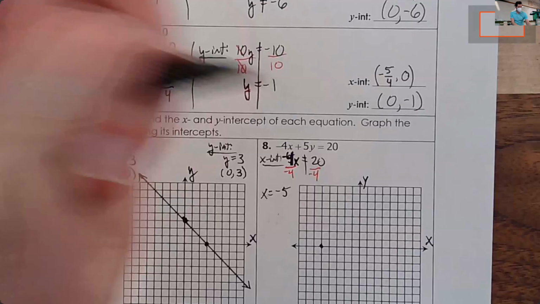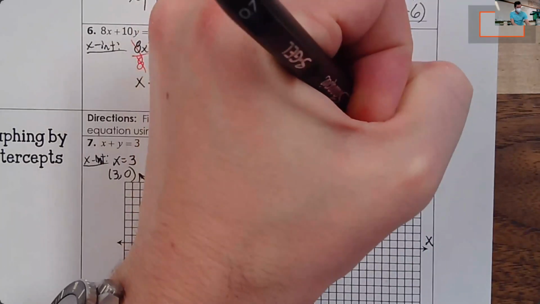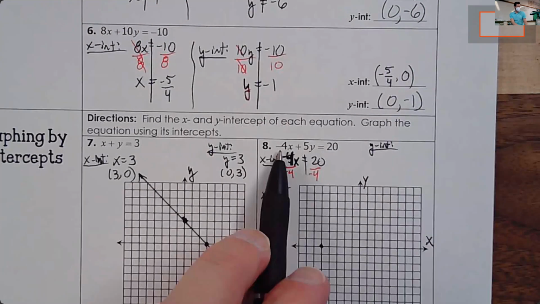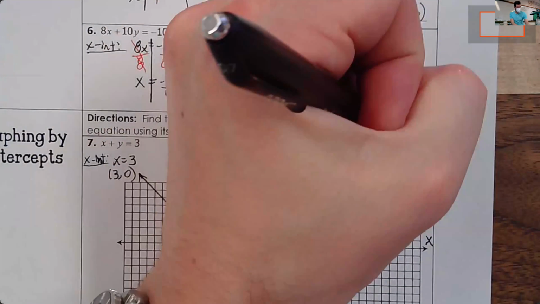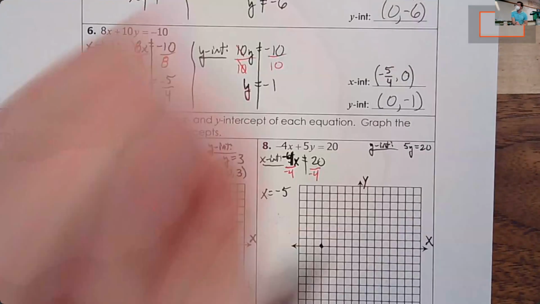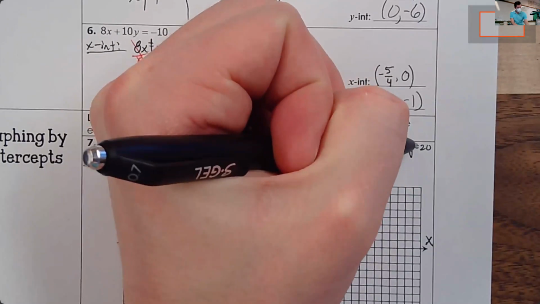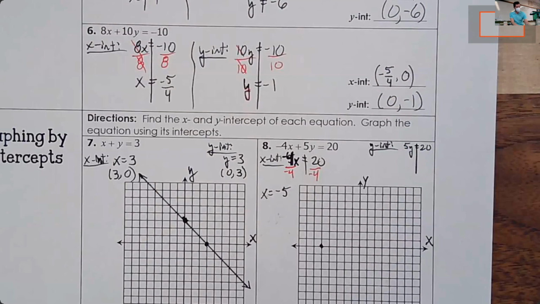Similar situation with the y-intercept. So we're going to write y-intercept: plug in 0 for x and solve for y this time. So 5y equals 20. Pretty small to fit this in here. They didn't really give us a lot of room to do this. All right, divide by 5.